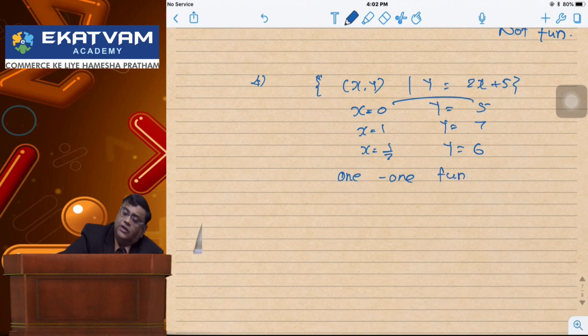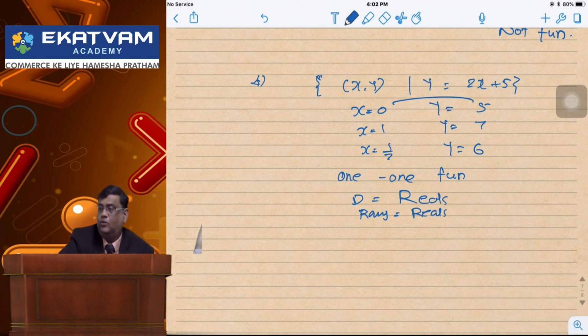Now a question is: what is the domain of it? Now x can take any value and y can also be any value, so the range is also the set of reals. Both are the set of reals. 1-1 function. Domain and range both are the reals.